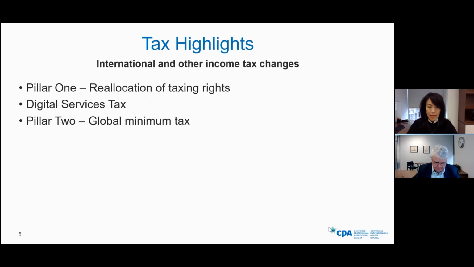So on the international front, there is some update information, but I think really more confirmation that the government's plan, generally speaking, hasn't changed a great deal. So what we're talking about here mainly is the Pillar 1, Pillar 2 initiatives that the OECD is conducting, and they are moving along. Pillar 1 dealt with the reallocation of taxing rights.